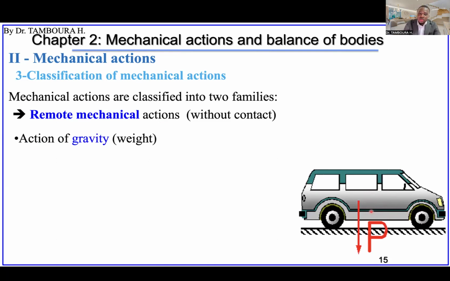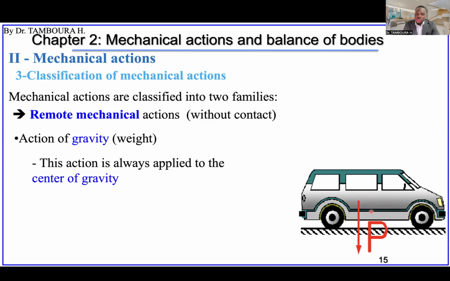There is no contact. And this action is always applied at the center of gravity, because it is important for you to know where to apply a force. Even if you know how to find the force, how to calculate the intensity, if you don't know where to apply it, it's not good at all.